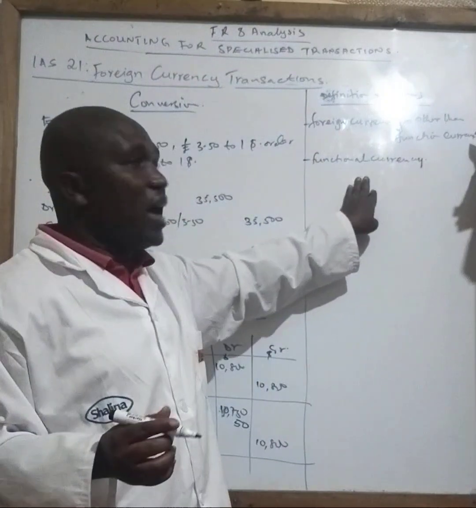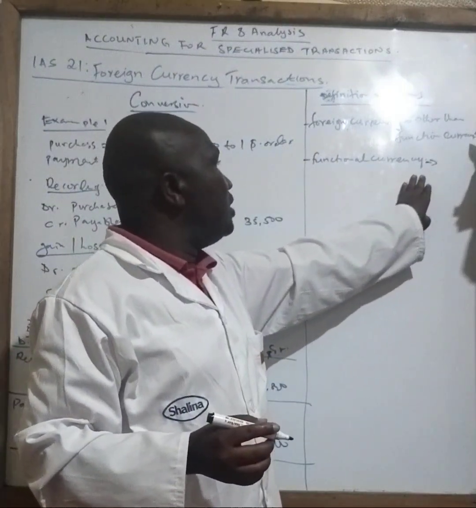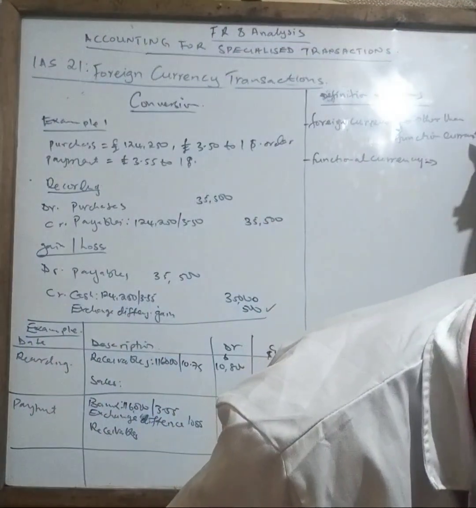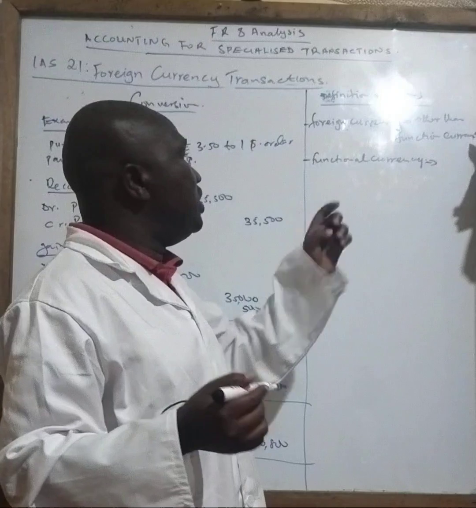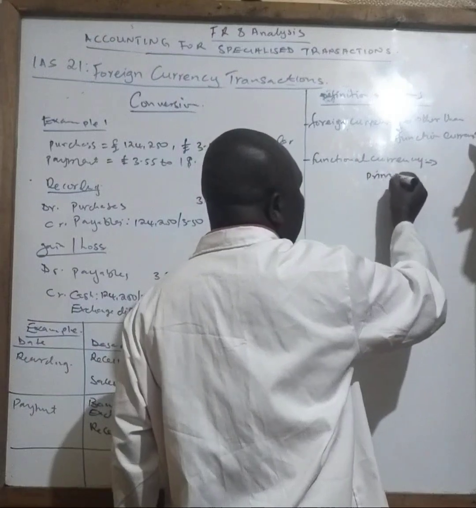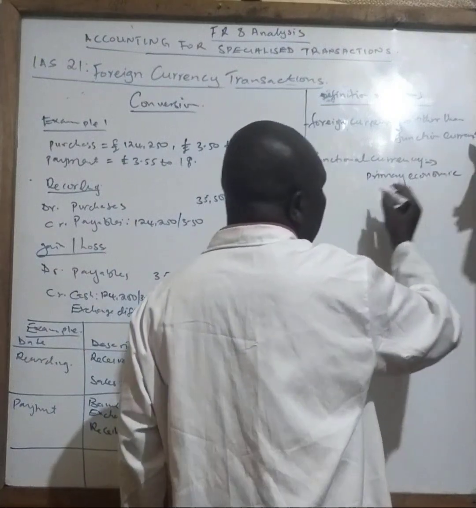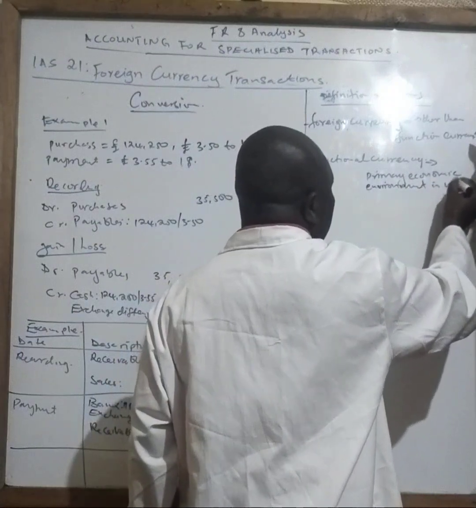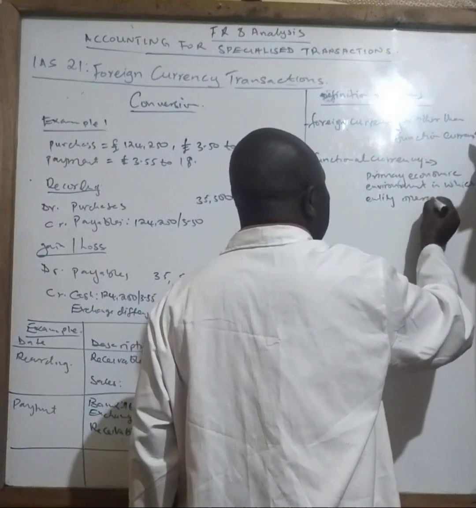Another term that is coming clear from here is functional currency. When you talk about a functional currency, I've actually explained by saying this is the currency of a primary economic environment in which the entity is operates.